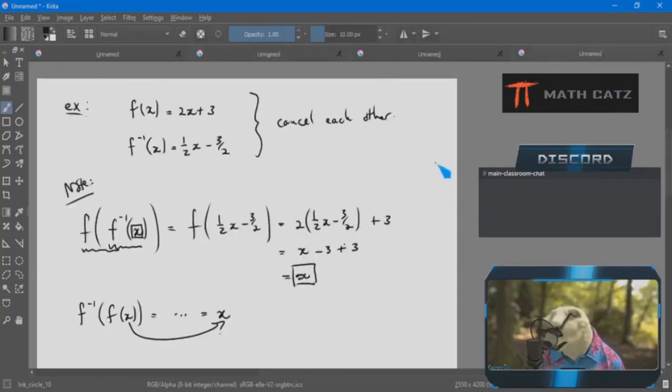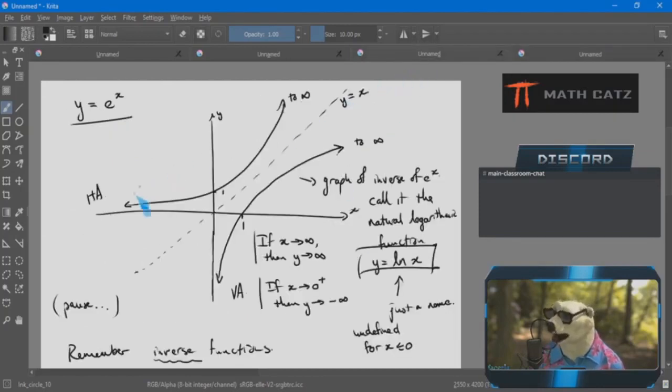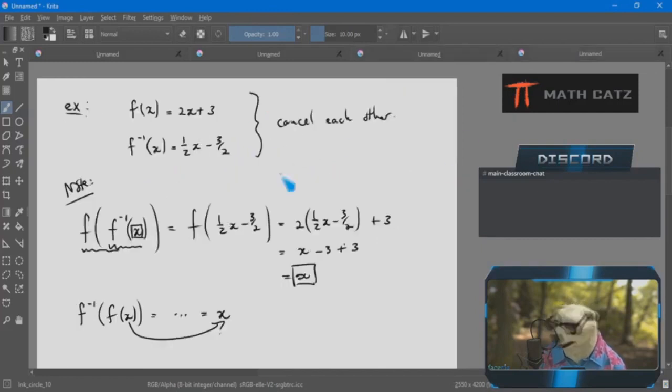Okay. So now I understand the link between inverse functions. If I have one function and its inverse, then they are linked by way of composition, and they cancel each other's effects. I have a function and its inverse. I don't care what they're named.